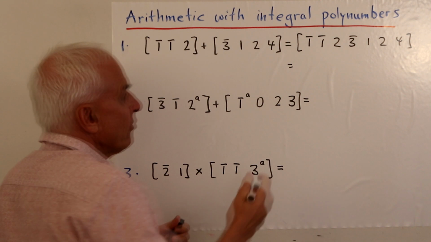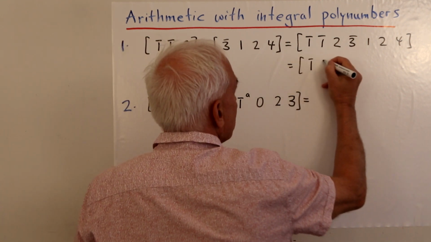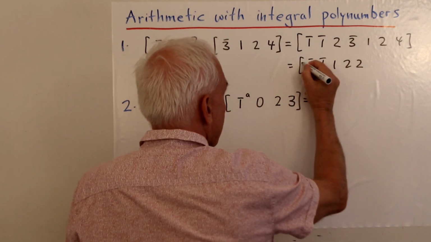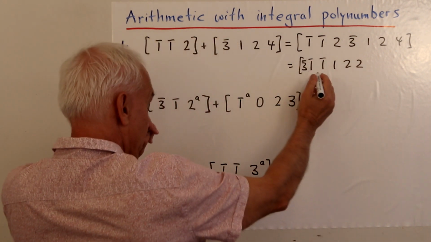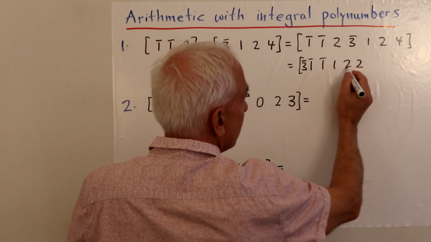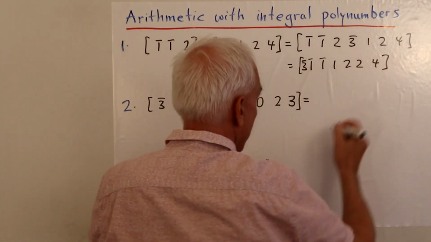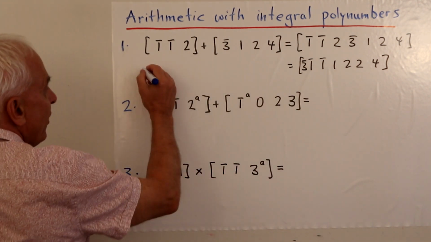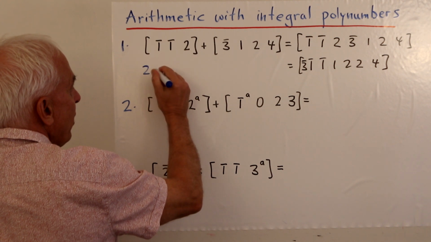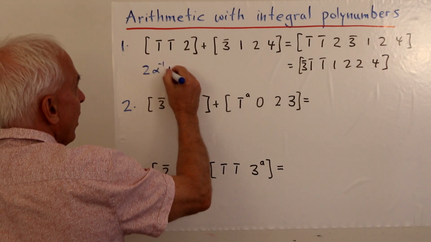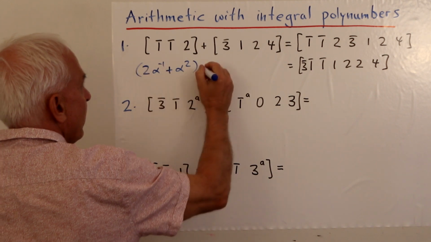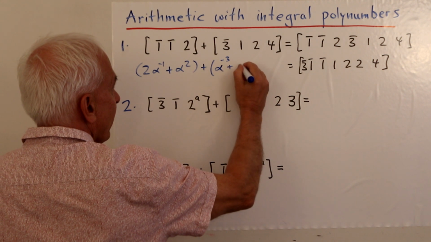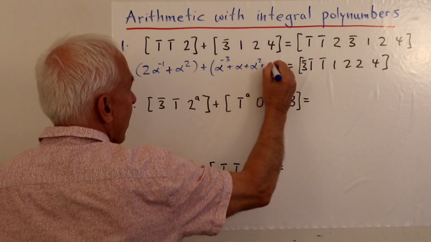Okay, so we could rewrite this in a slightly more organized fashion like this: 1 bar, 1, 2, 2. Oh, there's a 3 bar as well. We could put the 3 bar there. 3 bar, 1 bar, 1 bar, 1, 2, 2, and 4. In terms of interpretation as polynumbers, this would be 2 alpha to the minus 1 plus alpha squared, and this thing here would be alpha to the minus 3 plus alpha plus alpha squared plus alpha to the 4.